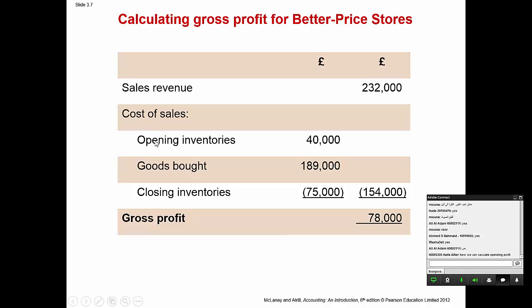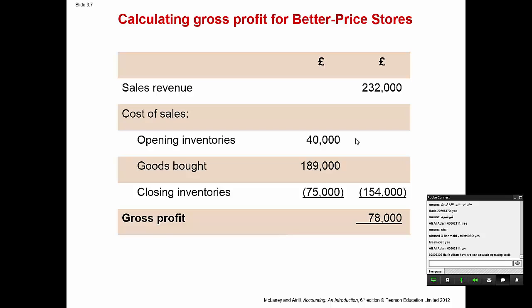For example, the opening inventories are the inventories at the beginning of the year. If you have a company and this company has a warehouse, the inventory that exists in the warehouse at the beginning of the year, we call it opening inventories. For example, the value of this inventory at the beginning of the year was 40,000.